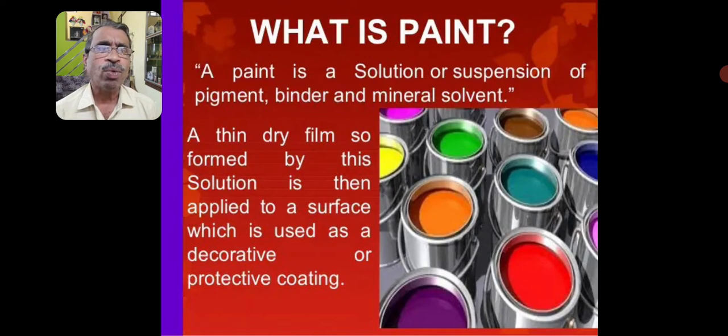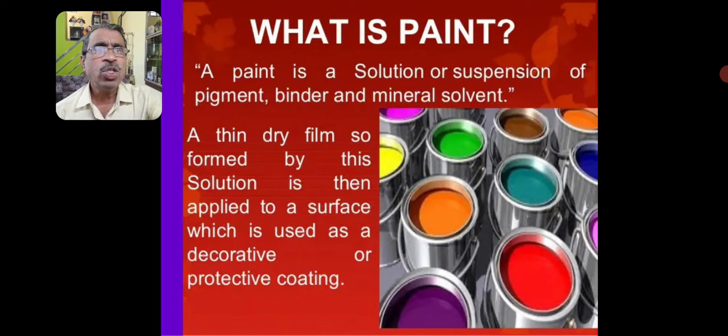This slide shows what a paint is. A paint is a solution or suspension of pigment, binder, and mineral solvent. A thin dry film formed by this solution is applied to a surface and is used as a decorative or protective coating.